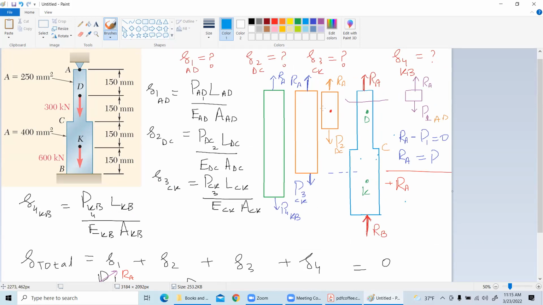So there is a load acting, 300 kilonewton here. So there is a 300 kilonewton load. Sorry for that. So here I have 300 kilonewton of load, which I forgot, and here I have a 300 kilonewton load, which is acting in the downward direction.